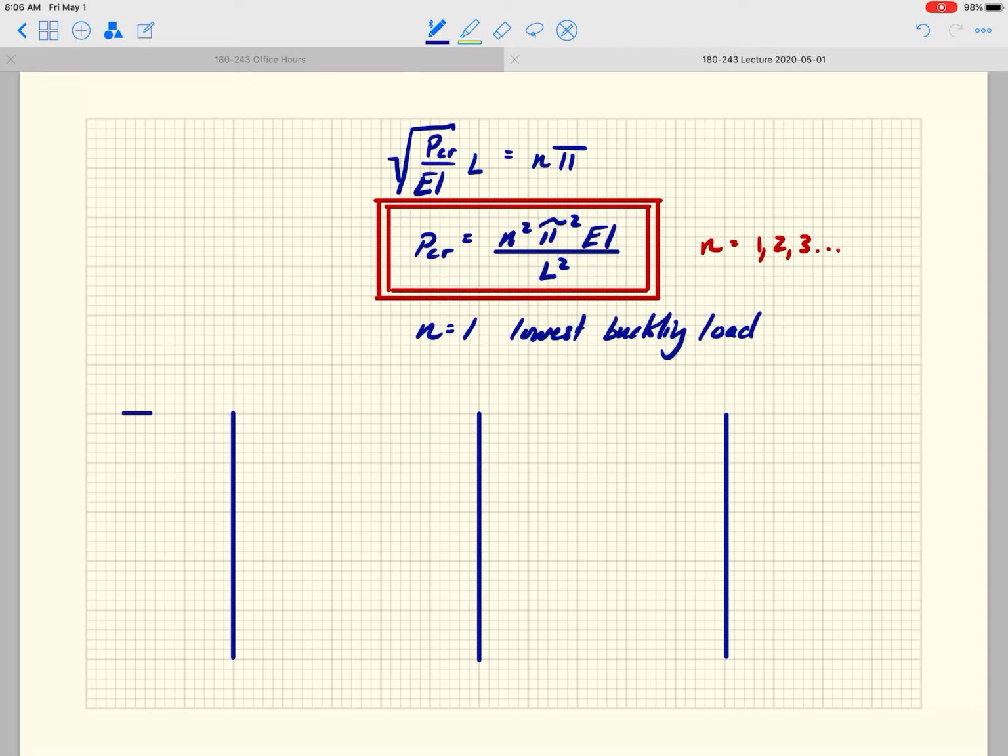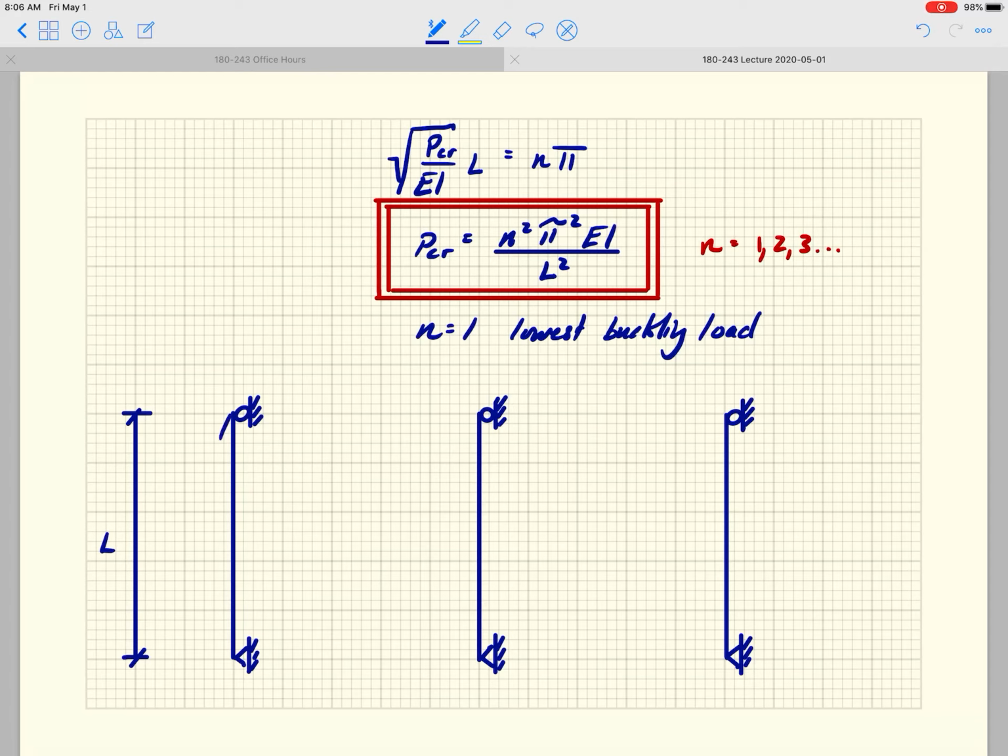So the first one here, let's say these are all L. And this last one like this. So we have 3 columns here.